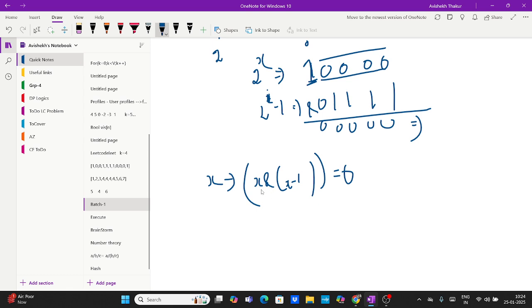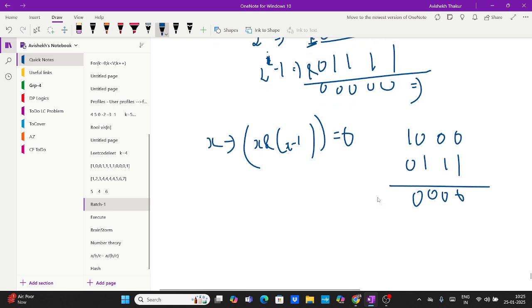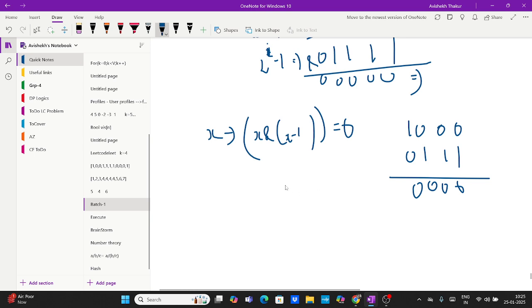Why? Because if the number is a power of 2, x minus 1 will be like this only, right? And when I do bitwise AND, all the bits will be 0.